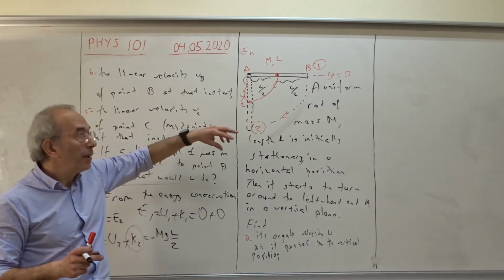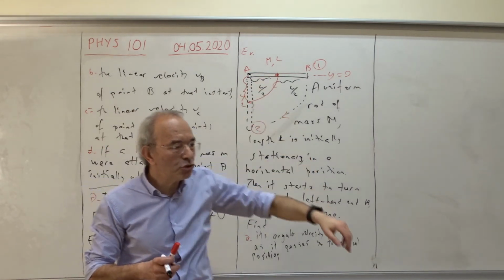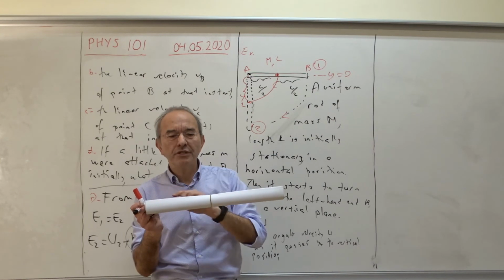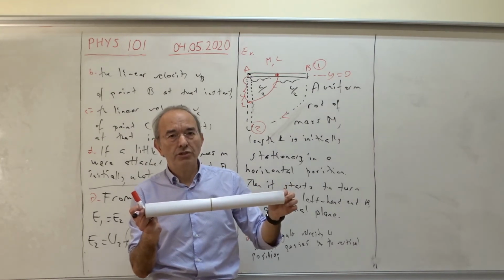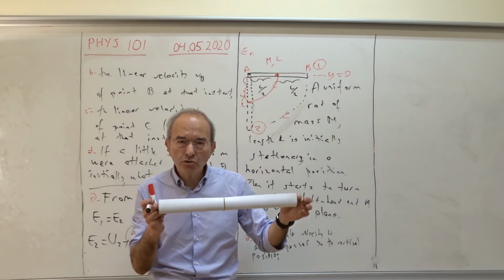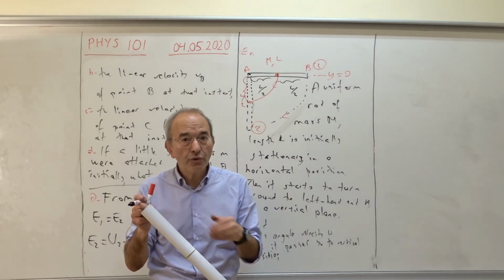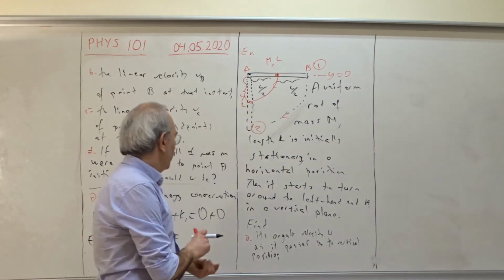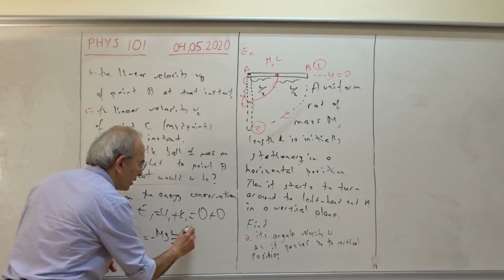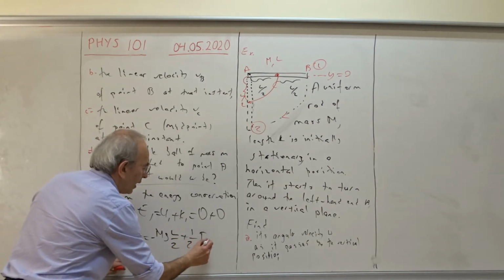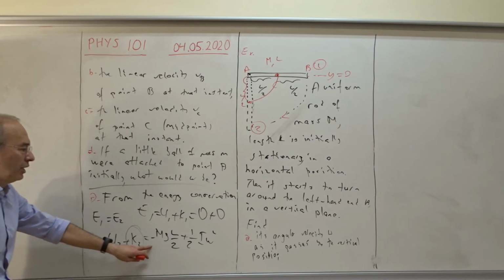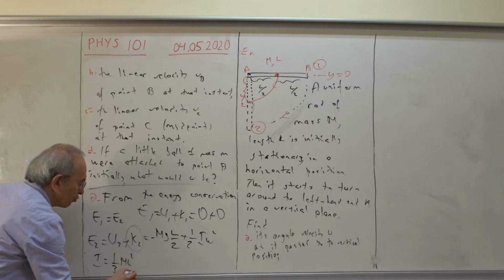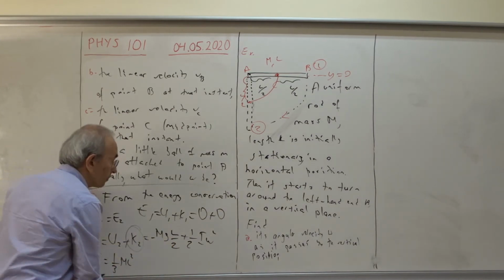We have a rod, but the rod is not turning around the midpoint, it is turning around the end. We have seen previously how the rotational inertia I becomes when this object is turning around the end point: not 1/12, but 1/3 m L squared. So it will be potential plus 1/2 I omega squared, where I is 1/3 m times L squared, and omega is the only unknown.